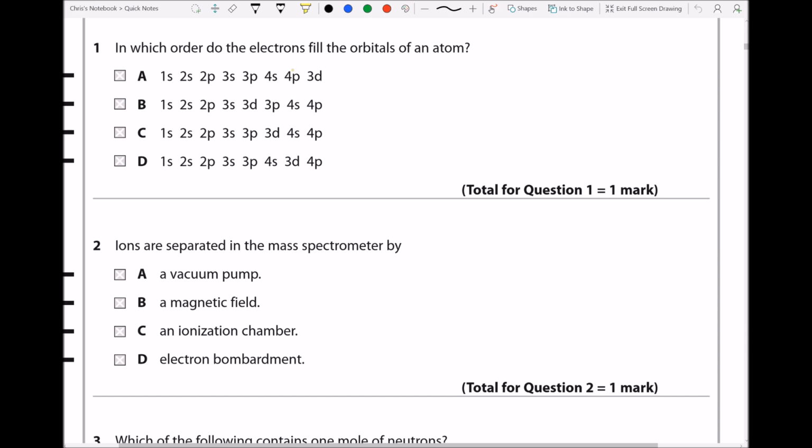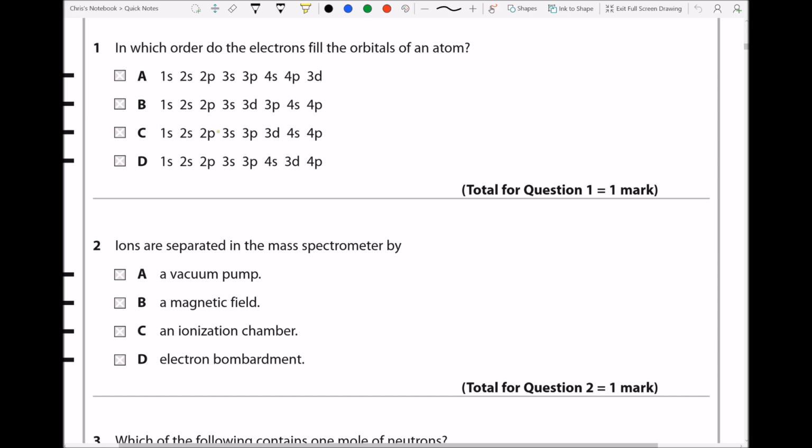Now these ones are the wrong way around, so it's not that one because they're back to front. 1s, 2s, 2p, 3s, 3d, 3p, 4s, 4p. So we've got a problem here. This 3d isn't in the right place, so that's wrong. That should be a little bit further up. In fact, it's definitely out because it comes between 3s and 3p, so that's not right.